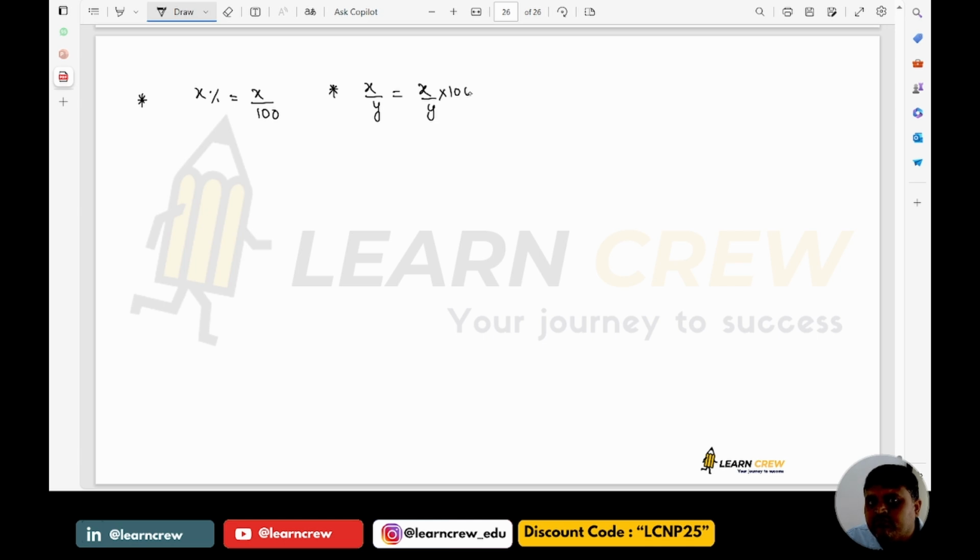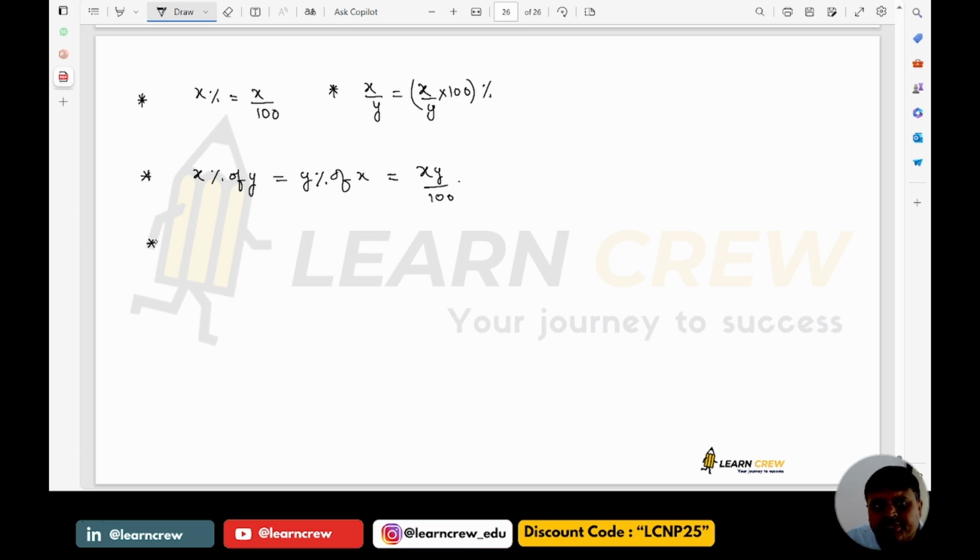Conversion of fraction to percentage means multiply that fraction with 100 and use the percentage symbol. Next, we discussed one more point. X percentage of y is the same as y percentage of x, and each is equal to xy by 100.